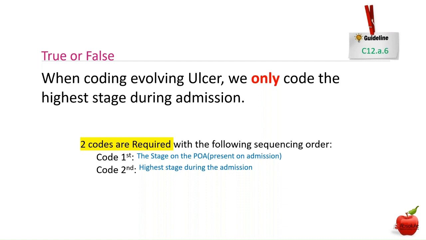So you would capture the stage 3 first, followed by the stage 5, which was the highest stage. And you have to always remember, when you are dealing with admissions, you are coding for what brought them there. So that particular stage that they were at, that's what brought them there. They had that on admission. The other reason you would not only code the highest stage is because the ulcer is evolving. So you need to capture both in order to see what that ulcer has done.